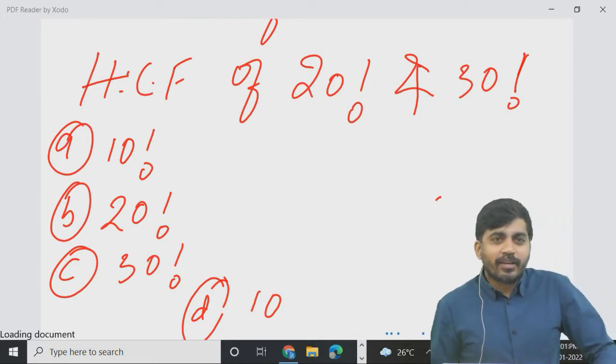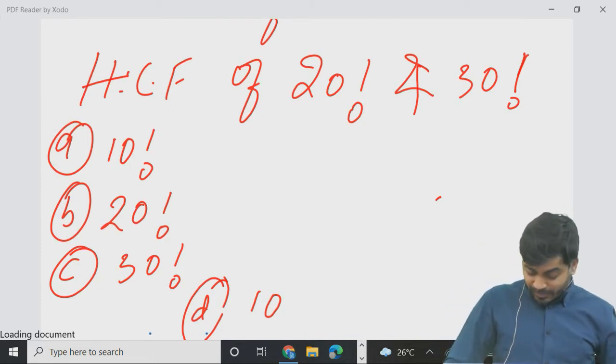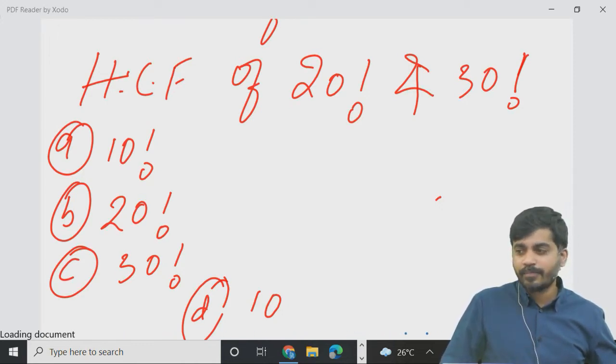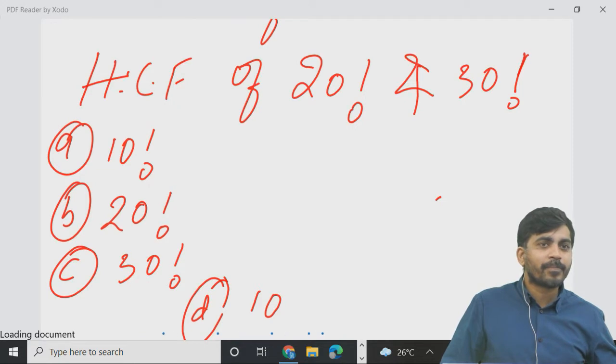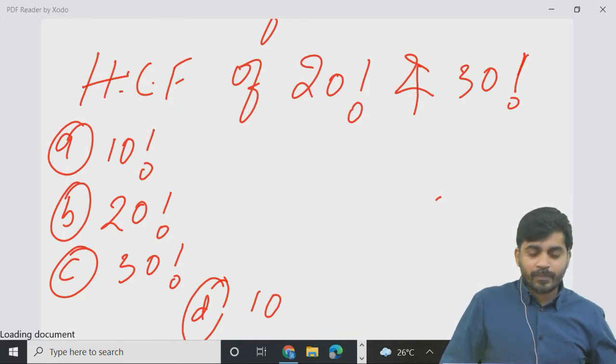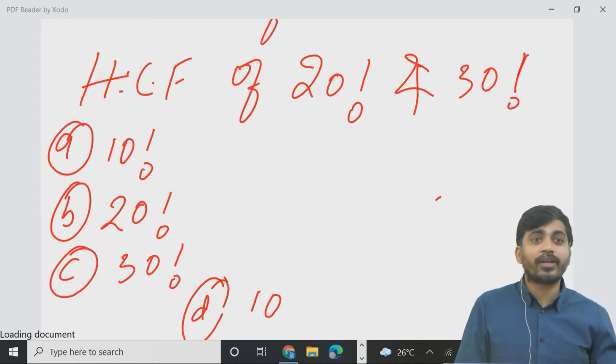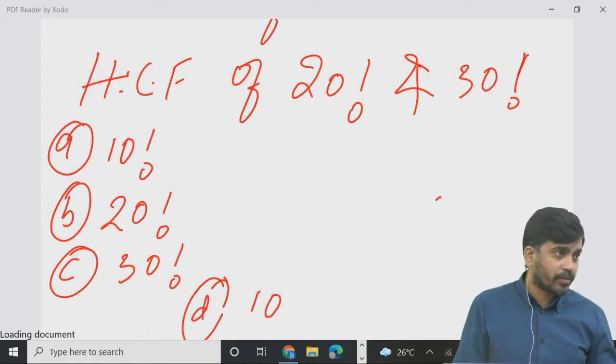Just 10, huh? Expected answer. Okay, any other answers? This question is based on the previous question, 16 and 48. 16 is a factor of 48, so 16 is the answer.